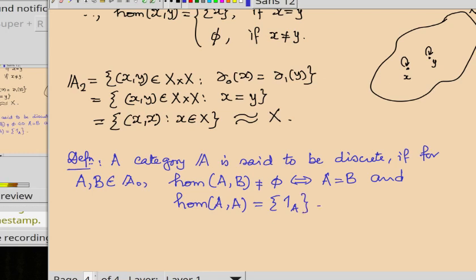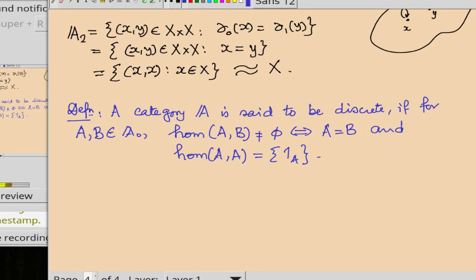Alright? So it turns out that every set gives rise to a discrete category, and the set of its objects is nothing else but that set.